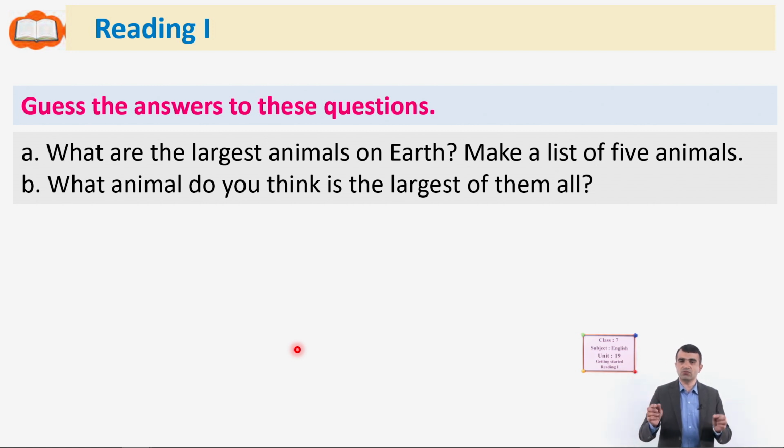Make a list of five animals. Can you make a list of 5 large animals, the largest you have heard, you have seen? Whatever you have heard, whatever you have seen, animals, not birds, animals only.